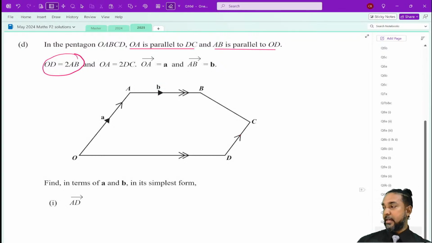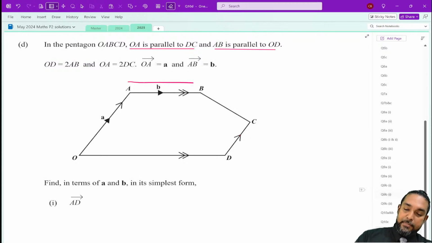It's like vector algebra. That's not actually correct, but it's like algebra. So what it's saying is that OD is 2 times that. If this is B, just plain old B, and this is 2 times that, the vector along OD would simply be 2 times B.